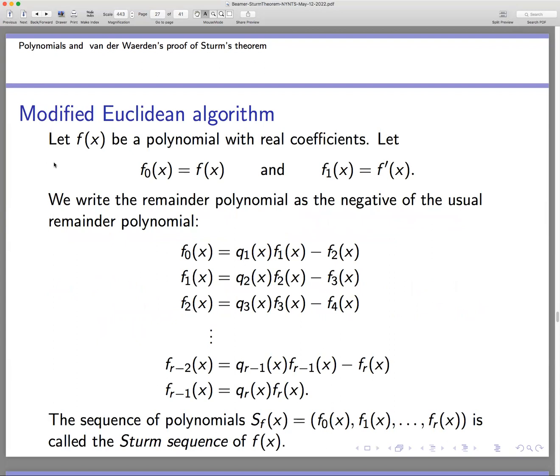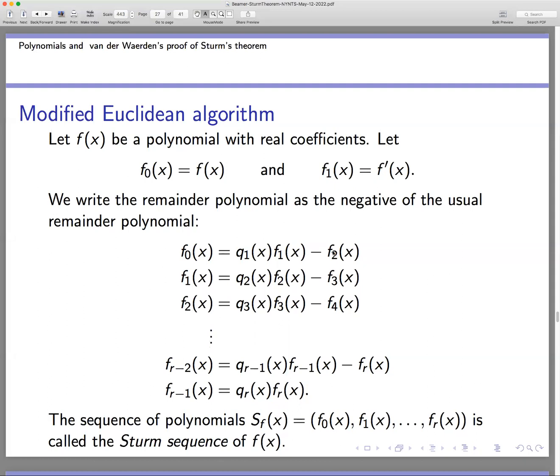And what Sturm does, he uses a sort of modification of the Euclidean algorithm. So if you had any two polynomials, f0 and f1, and you wanted to find their greatest common divisor by the Euclidean algorithm, you would take f0, divide by f1, and call the remainder f2. So Sturm calls the remainder minus f2.